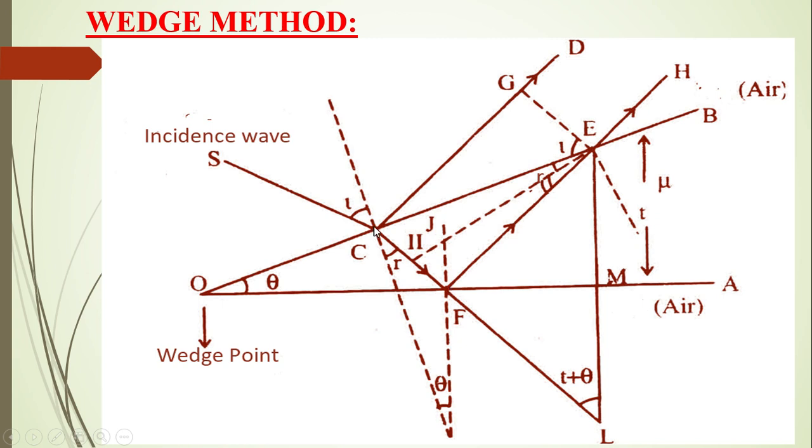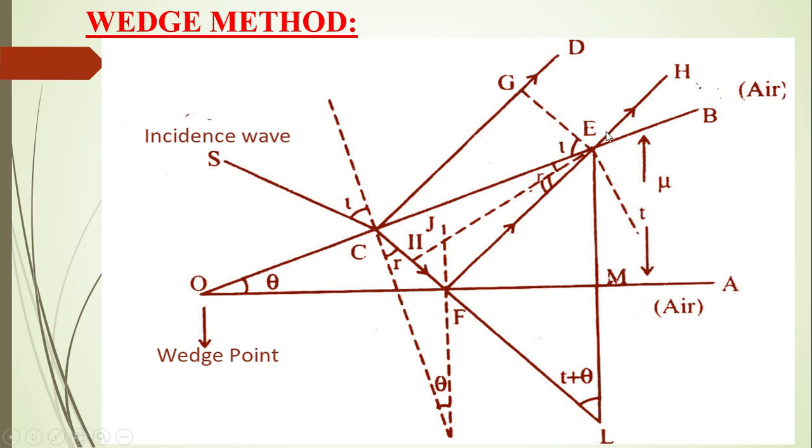The partially reflected ray goes along the direction CD and the partially refracted ray along the direction CF. This refracted ray is again incident on the bottom surface of the film at point F. Then it is partially reflected and again incident on the top surface of the wedge shape film at point E. Then it is refracted along the ES direction and reflected. So we get the two reflected rays CD and EH.